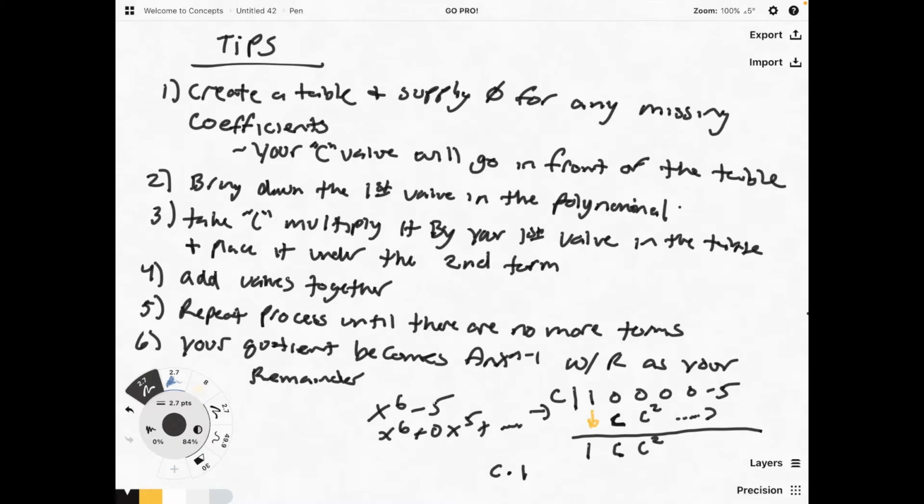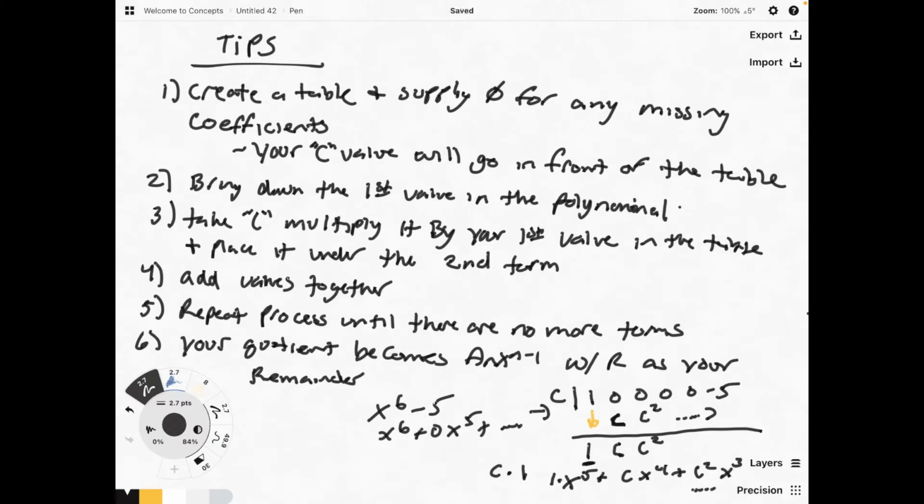Now, your quotient, which is your answer, you're going to take these as your coefficients. So this becomes 1 times x to the n minus 1. So in this case, it's going to be x to the 5th, and then we're going to add c times x to the 4th, and then we're going to add c squared times x to the 3rd, and then we're just going to continue that.